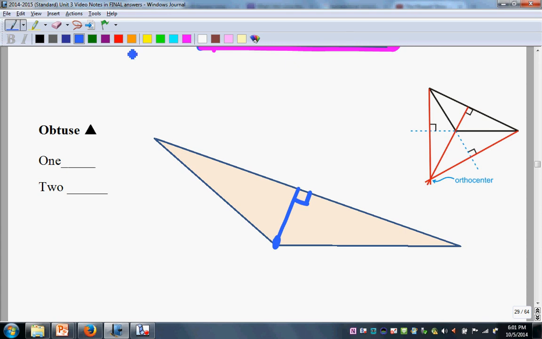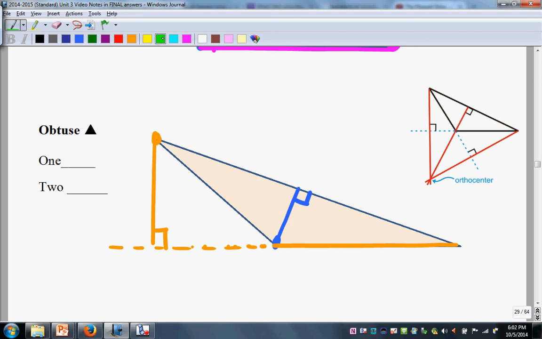So what you do is extend this side, and when we extend it, you dash it. And that means this altitude, corner, right angle to the opposite side, is actually outside of the triangle.